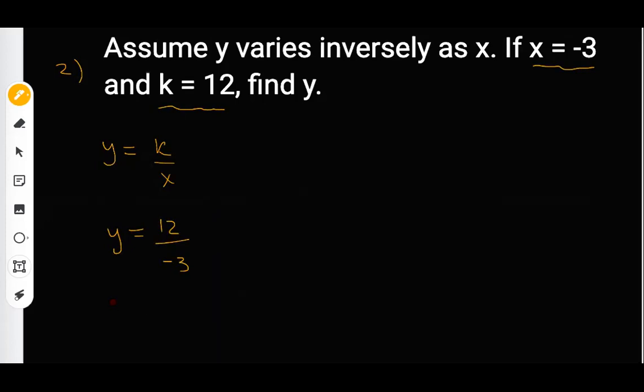And then 12 divided by -3 is -4. And I'm done. y equals -4. So I'm setting up my formula, plugging in my numbers, and then going from there to whatever they ask me to find. And if you know 2 out of 3 letters, then you can find the third letter. No problem.